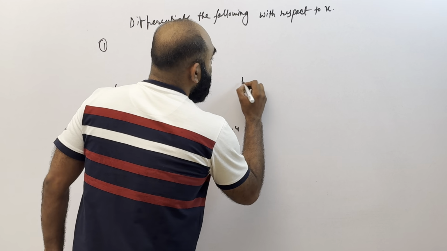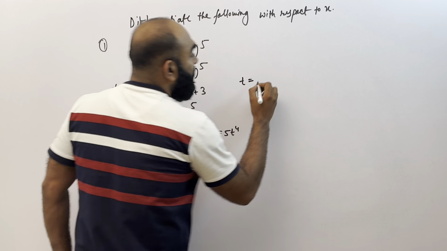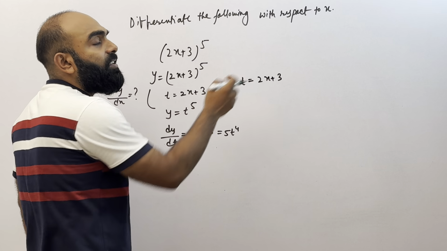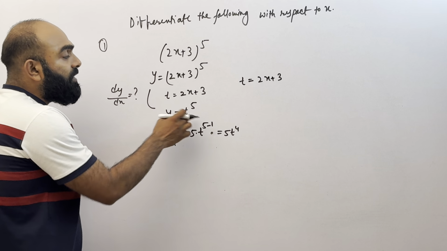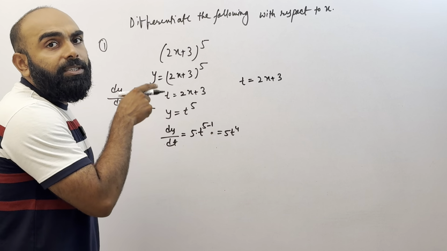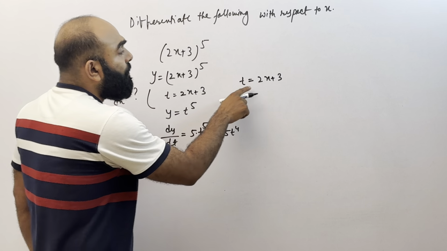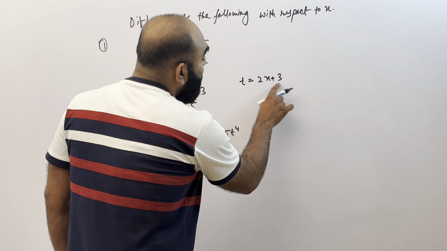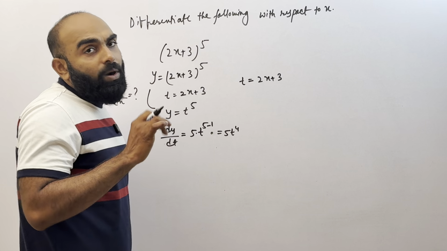Now what is my t? Your t is 2x plus 3. You can see easily here that t is a function of x, and y becomes a function of t. That's why I differentiated y with respect to t. Here 2 and 3 are constants.